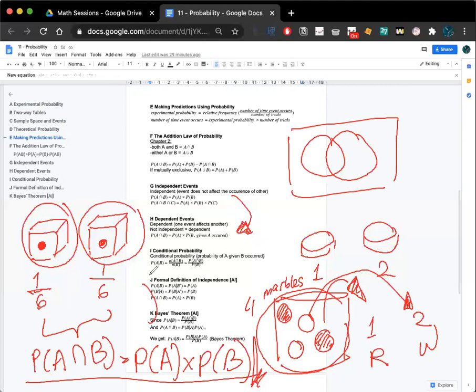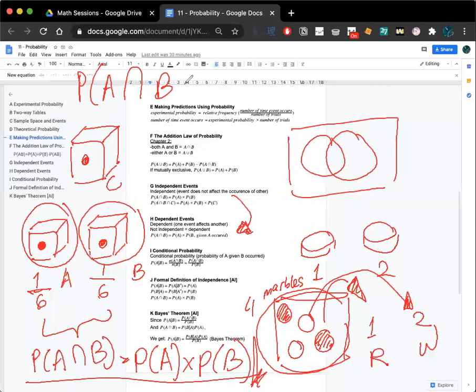And this would work even if you, for example, throw a dice 3 times. So this is A, this is B, this is C. Then P(A intersection B intersection C) equals P(A) times P(B) times P(C).